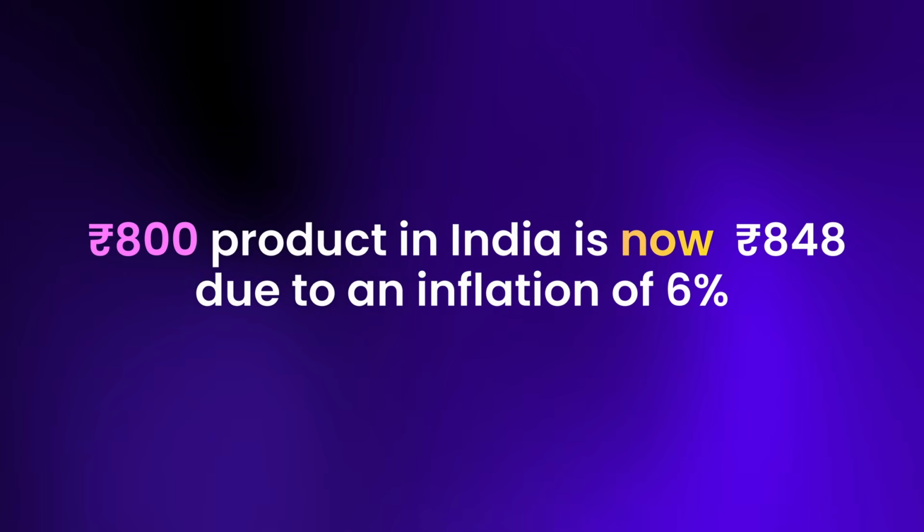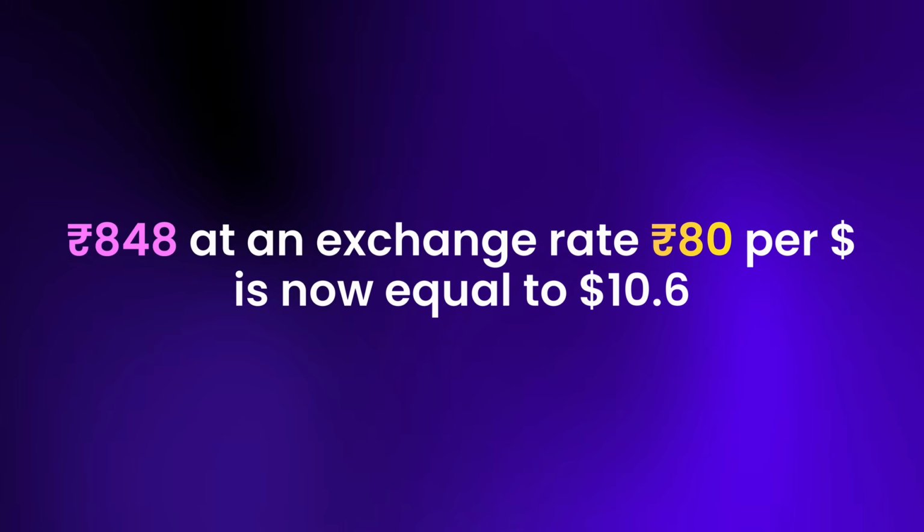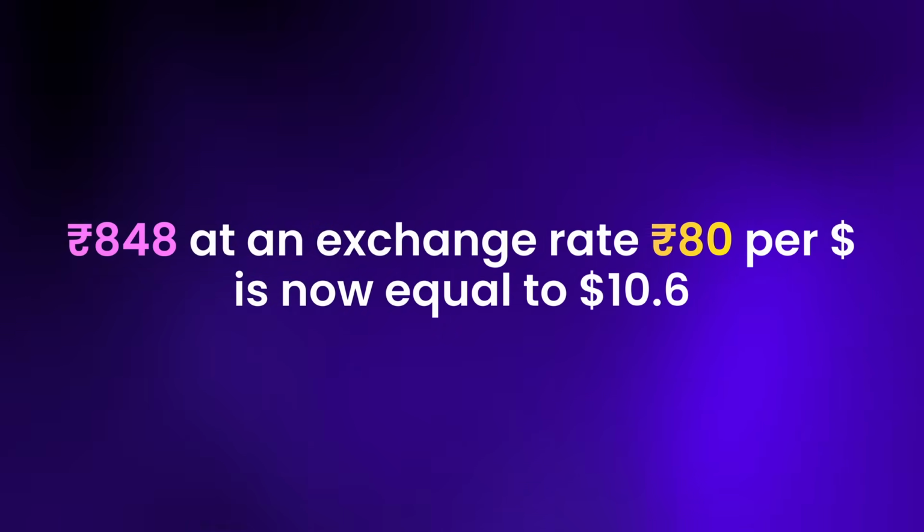In India, the price rise will be 6%, and that 800 rupee product becomes 848 rupees. So far, this feels like domestic inflation, but now comes the key step. Convert that Indian price back into dollars at the same old exchange rate. So your 848 rupees divided by 80 is about $10.6.